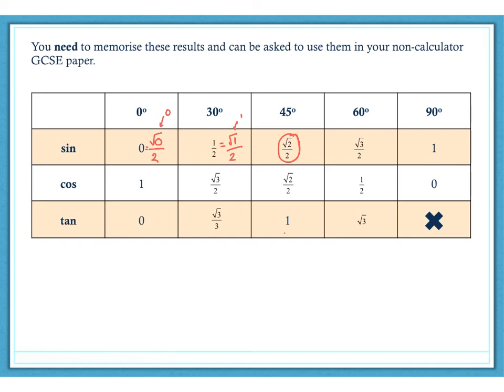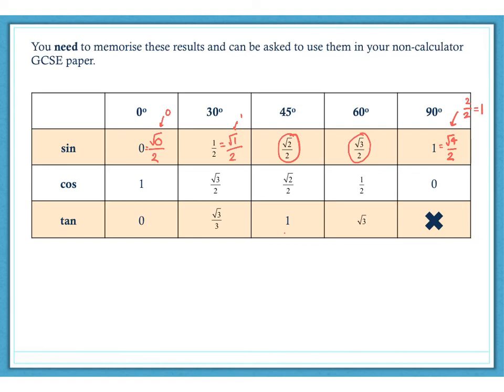And the sine of 60 is already exactly where I want it to be, root 3 over 2. Now, the sine of 90 is interesting because I can write it as root 4 over 2. Some of you might have guessed this was coming because, of course, the square root of 4 is equal to 2. So really, I just have 2 divided by 2, which is equal to 1.